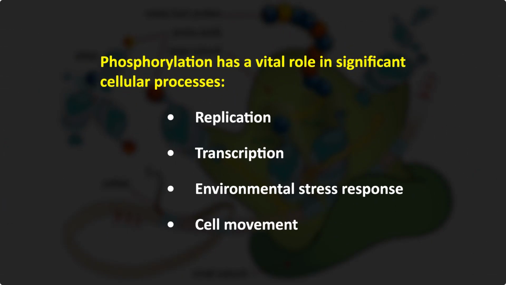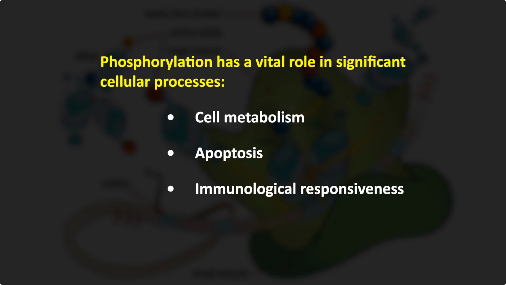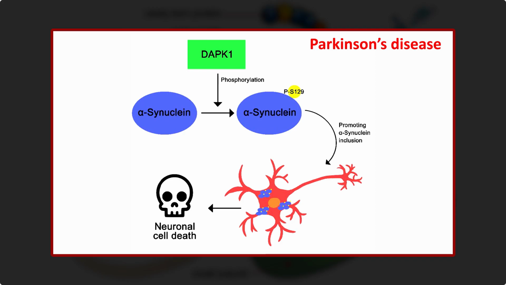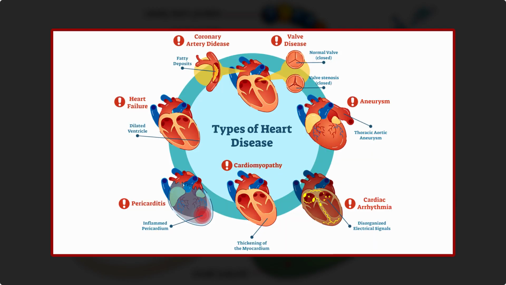Phosphorylation has a vital role in significant cellular processes such as replication, transcription, environmental stress response, cell movement, cell metabolism, apoptosis, and immunological responsiveness. It has been shown that disruption in the pathway of phosphorylation can lead to various diseases such as cancer, Alzheimer's disease, Parkinson's disease, and heart disease.